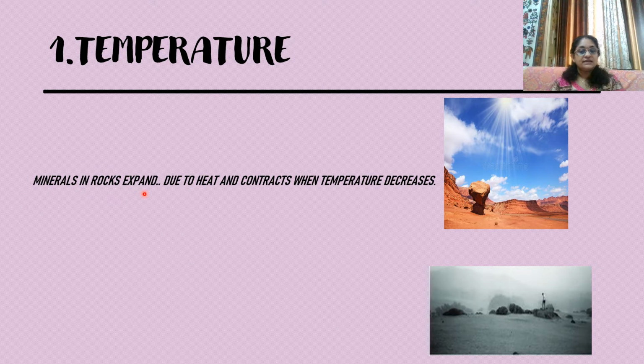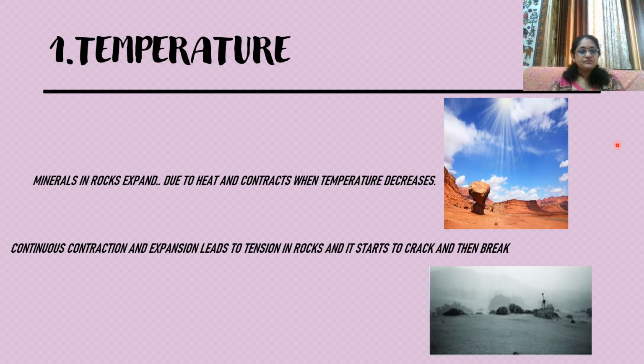Now continuous contraction and expansion leads to tension in the rocks. Last chapter we had seen tension. Because of tension what happens? Volcanoes, and the plates are divided and then we have earthquakes happening, isn't it? So this constant contraction and expansion leads to tension in the rocks and it starts to crack and then ultimately it breaks down.